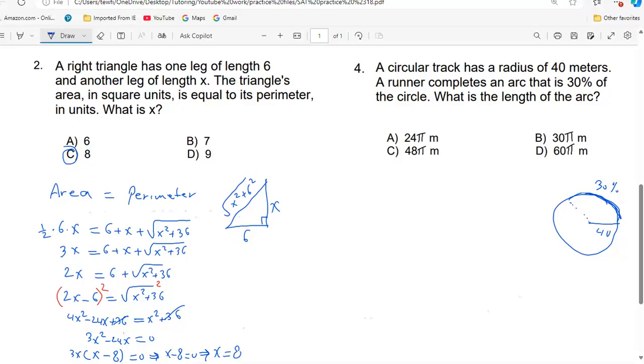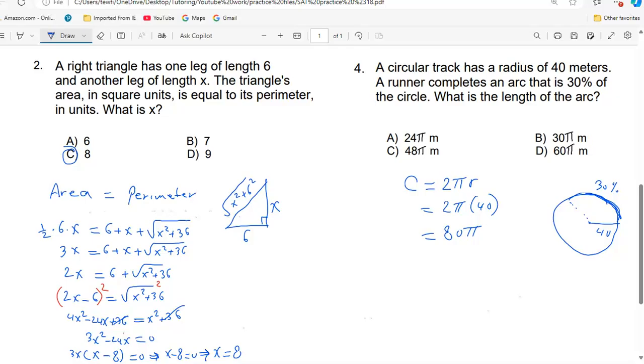So we're looking for the circumference first, and then we're going to get 30% of the circumference. The circumference equals 2 pi r, which is 2 pi times the radius, which is 40. So it's 80 pi. That is the whole circumference.